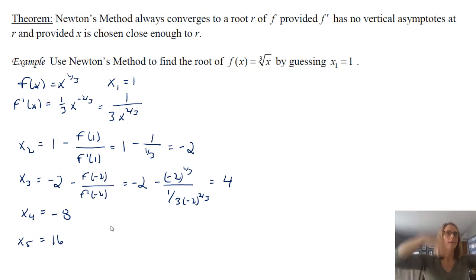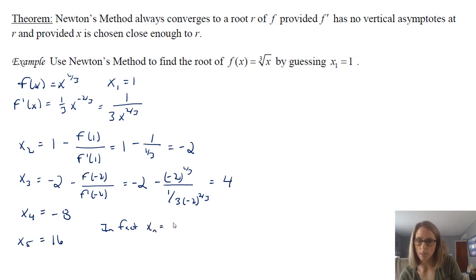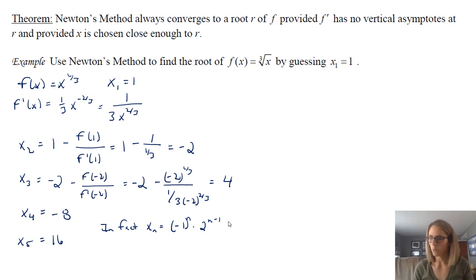You should see that Newton's method here is not taking us anywhere. It is bouncing. And if you see the pattern, in fact, the next iteration of Newton's method is going to be a -1 to the something, and then 2 to the n minus 1. So there is a pattern to these, but none of them are actually getting you to a value.